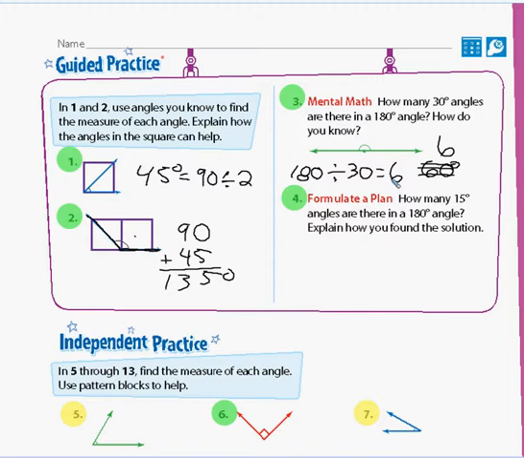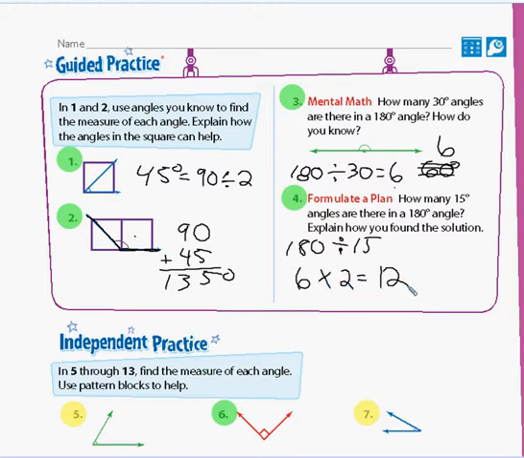Problem number 4. How many 15-degree angles are there in a 180-degree angle? Explain how you found the solution. Okay, very similar. We could do 180 divided by 15, but since we already know that 30 goes into 180 6 times, all we really need to do is 6 times 2 equals 12.